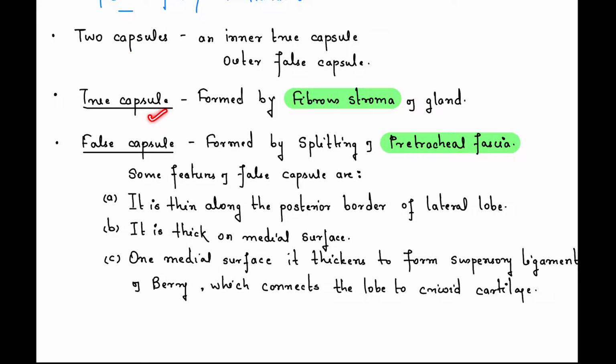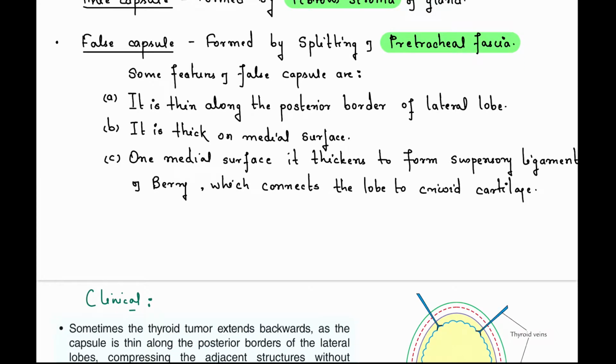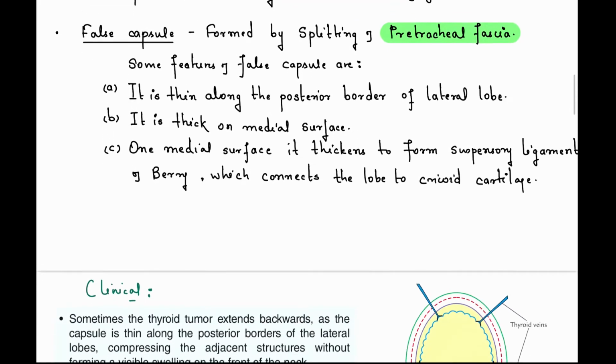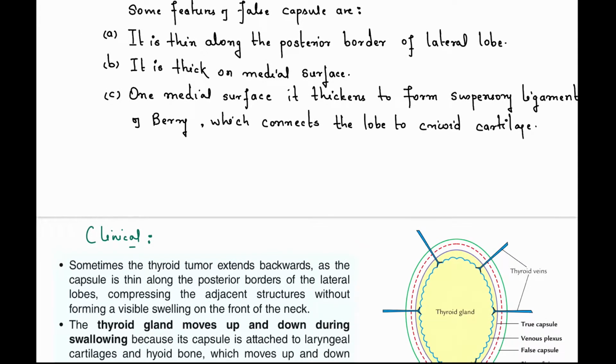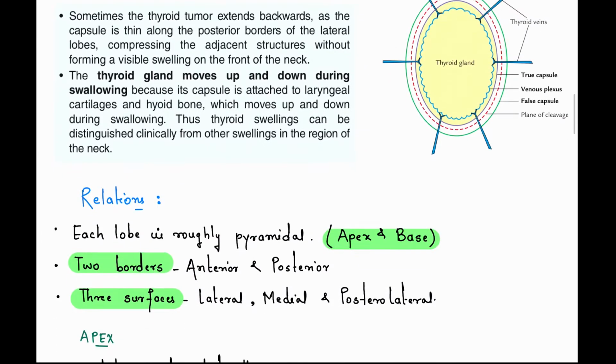The true capsule is made from the fibrous stroma of the gland, and the false capsule by splitting of the pretracheal fascia. The fascia that covers the trachea also splits and covers the thyroid gland externally. You can see some features of the false capsule.